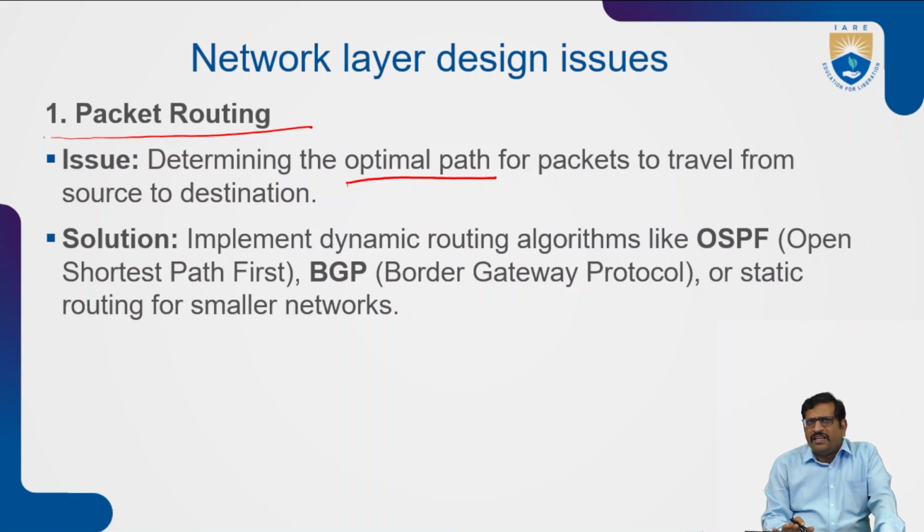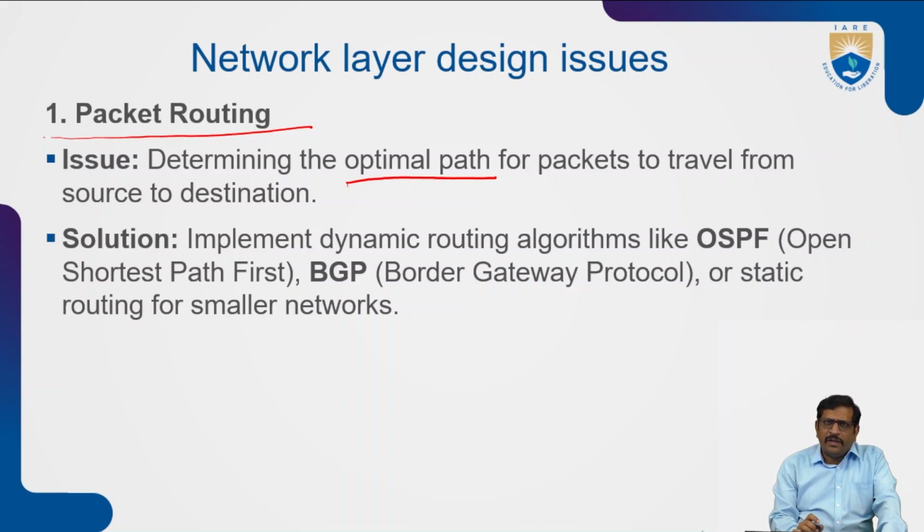The necessity is fast delivery of packets from the source machine to the destination machine, traveling efficiently and reliably. That means the speed can be improved. So this is one issue.